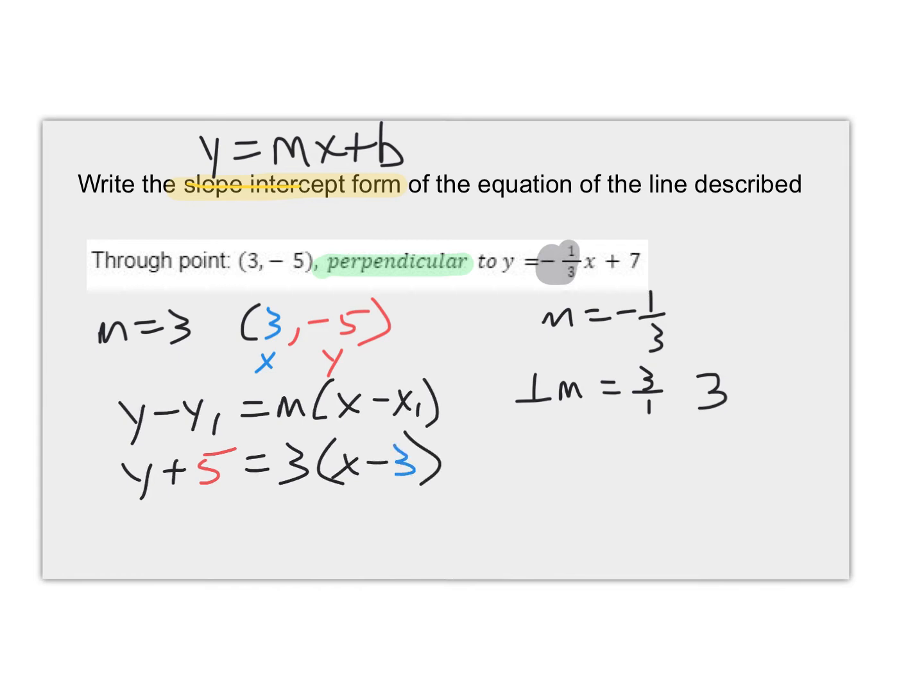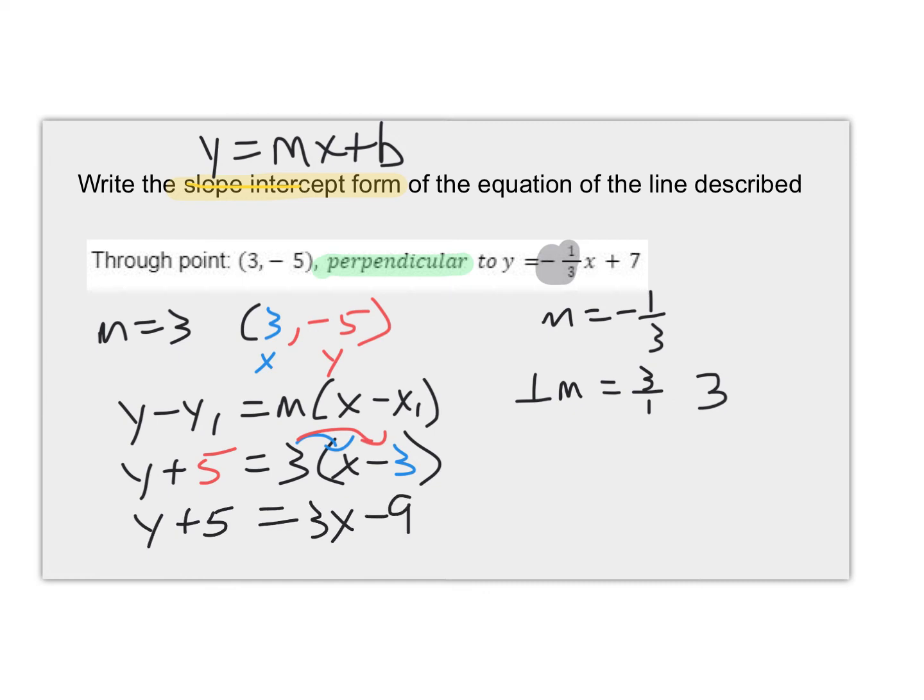Now this is in point slope, but we want it in slope-intercept. That just means we need to solve it for y. Well, we're going to need to distribute the 3 to the x minus 3 here. So that's going to be y plus 5 equals, and then 3 times x is 3x, and 3 times -3 is -9.